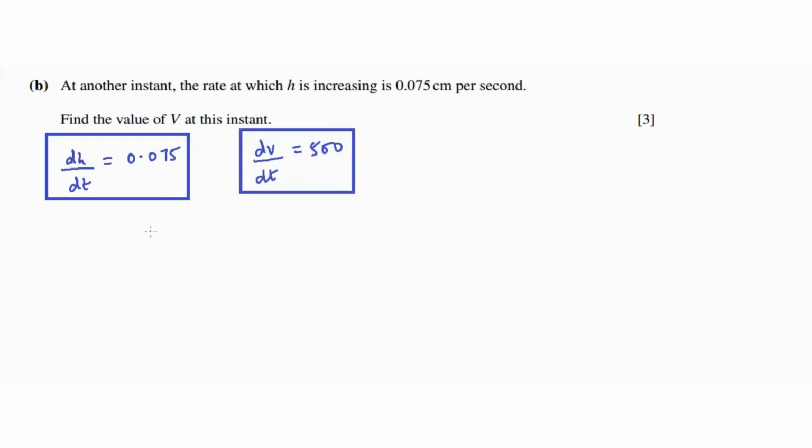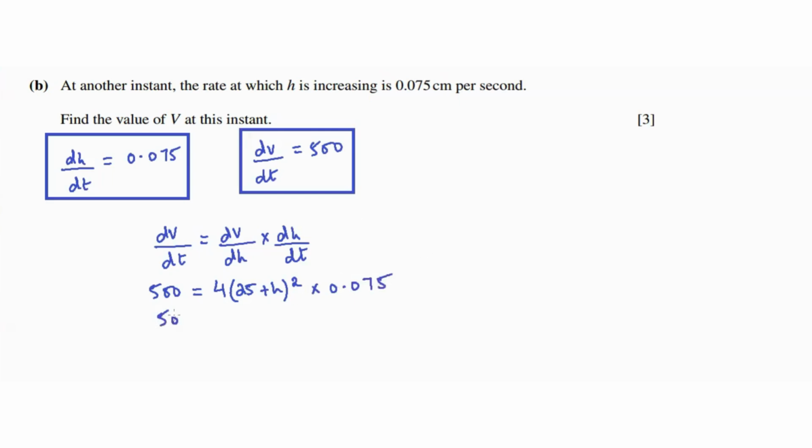I'm going to use the chain rule again. dV/dt = dV/dH times dH/dt. So 500 equals the expression for dV/dH, which was 4(25 + H)², times 0.075.